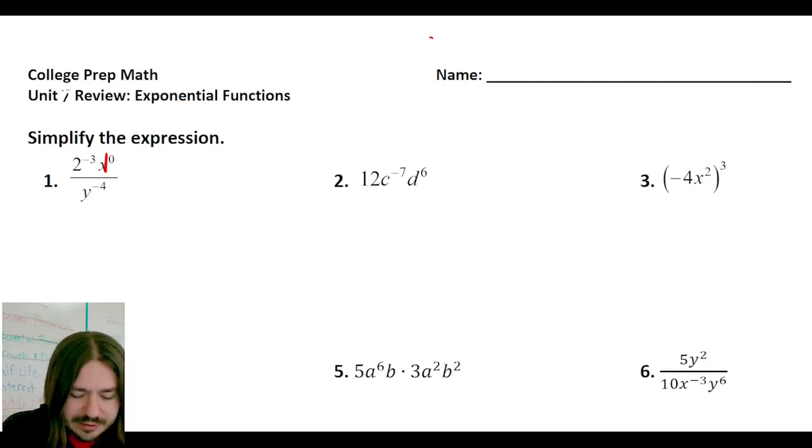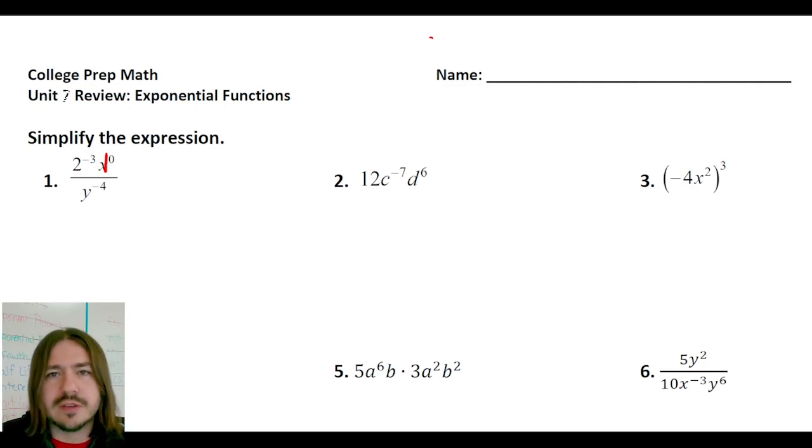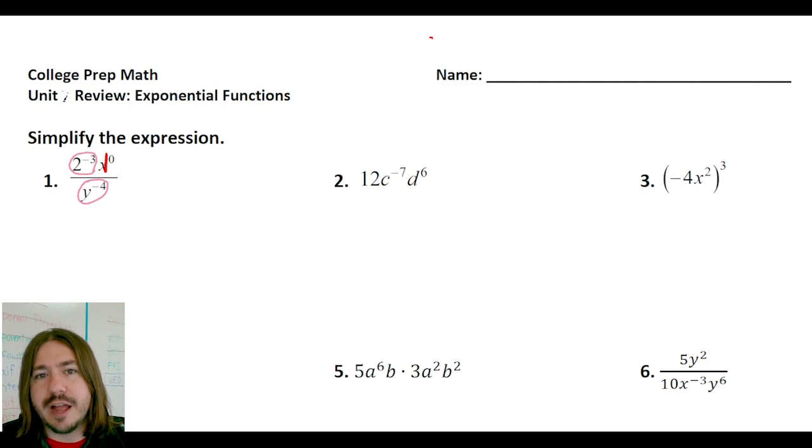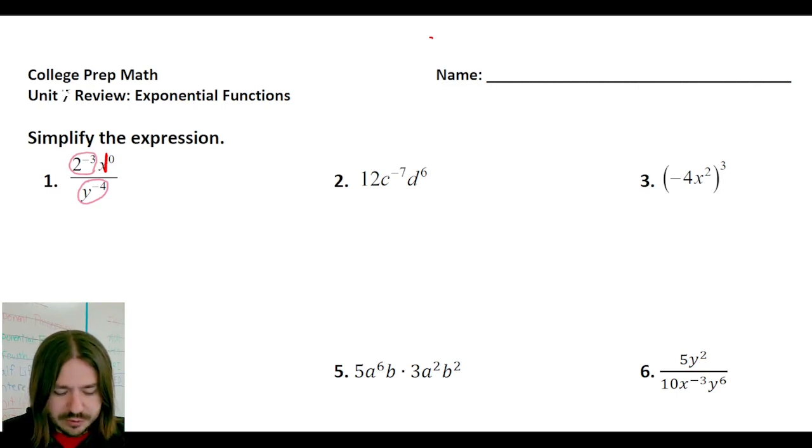Then I notice that I've got these two powers here that have negative exponents. So anytime that you've got an expression with negative exponents, you want to try to rewrite those with positive exponents. And you can do that by moving the term over to the other side of the fraction. So for instance, this 2 to the negative third, I can rewrite as 2 cubed as long as I put it in the denominator.